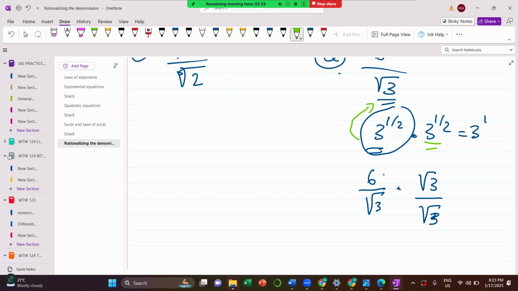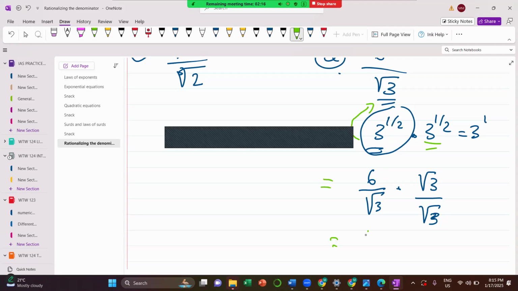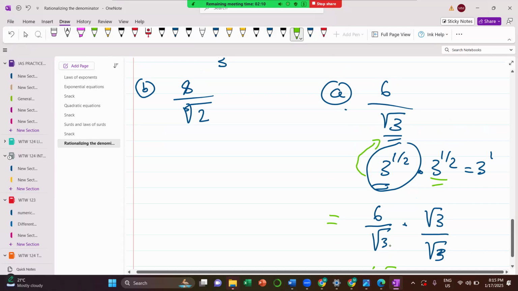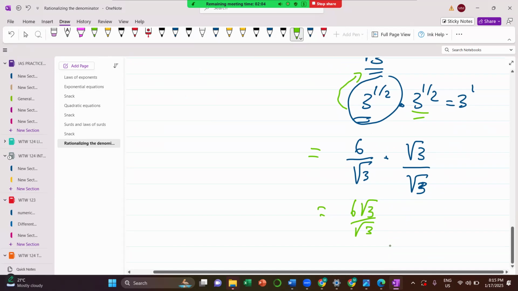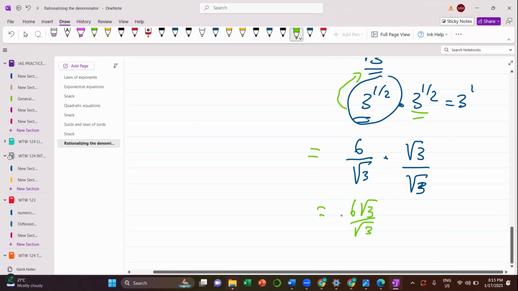Are you guys okay? So this is just gonna be 6 square root of 3 over square root of 3. Fine. Are we fine?